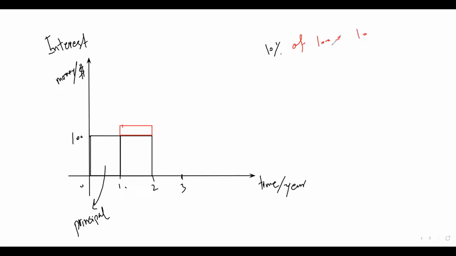And then again, if you leave your money in the bank for the third year, you're going to get another $10. So you still have that 10 US dollars that you got in year 2. So I have to draw 2 of these. One is this, the other one. So that would add up to 20 in total. So this is 10, this is 10, and this is also 10, right?